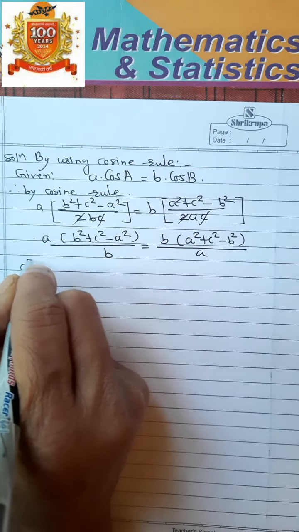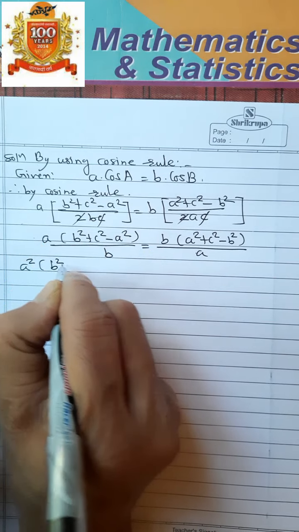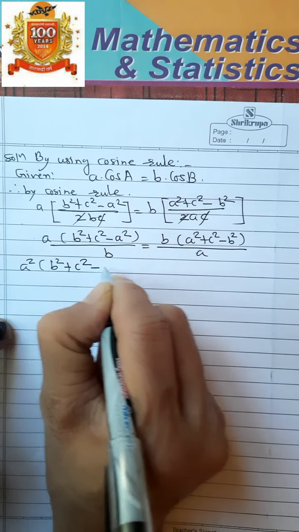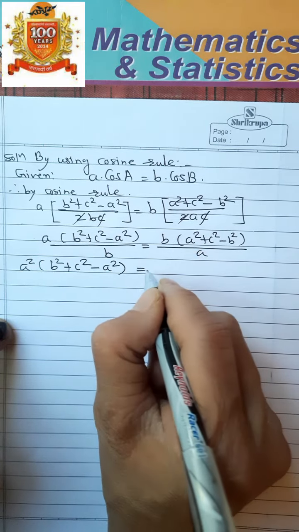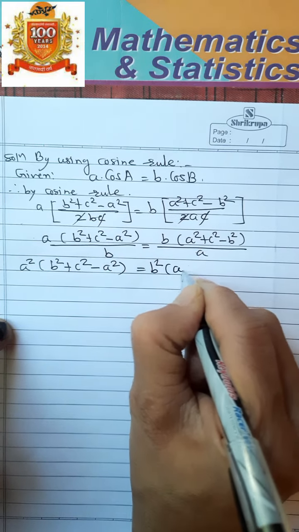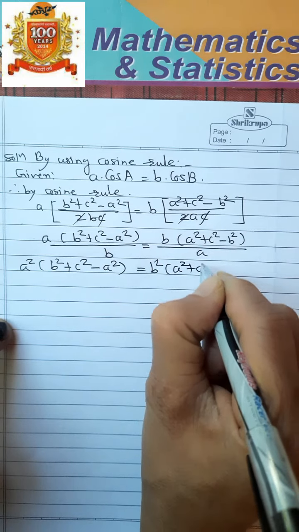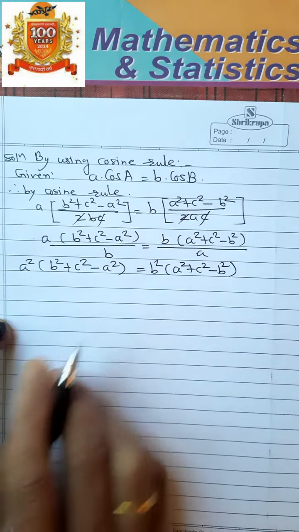A square into bracket B square plus C square minus A square is equal to B square into bracket A square plus C square minus B square.